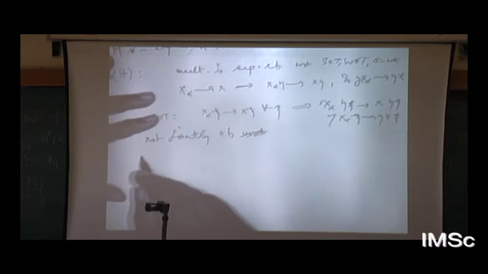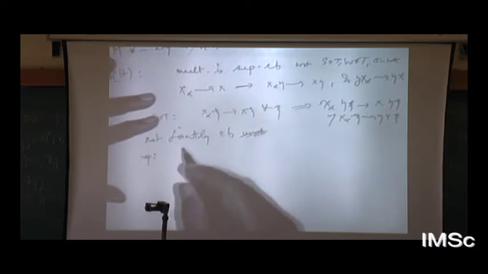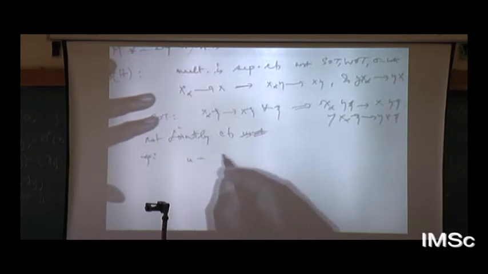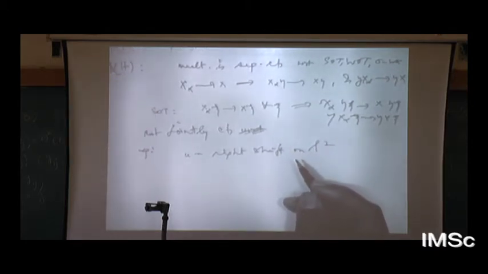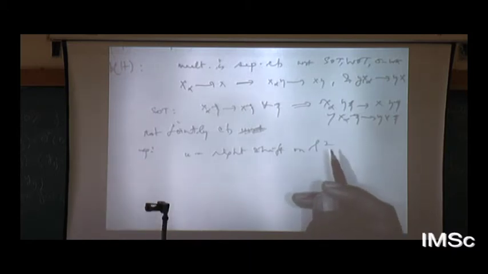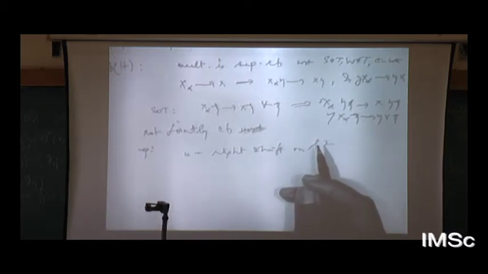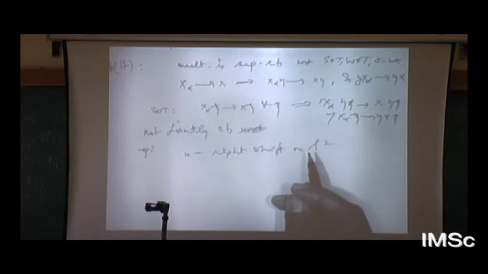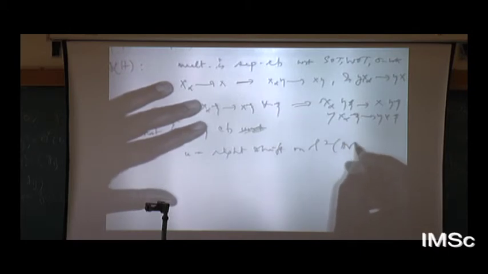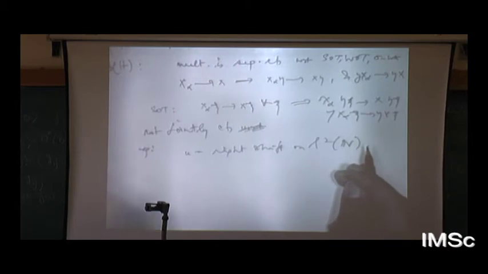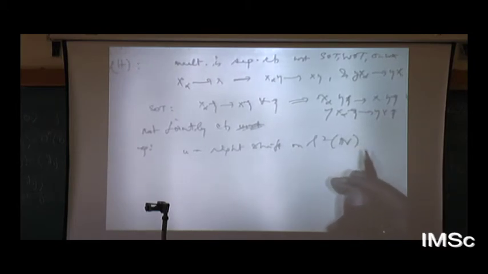So, for example, you take U to be the unilateral shift, the right shift on L2. Operator theorists don't call this the right shift, they call this the unilateral shift, because this is on L2 of N. The index set is taken as positive integers or non-negative integers.